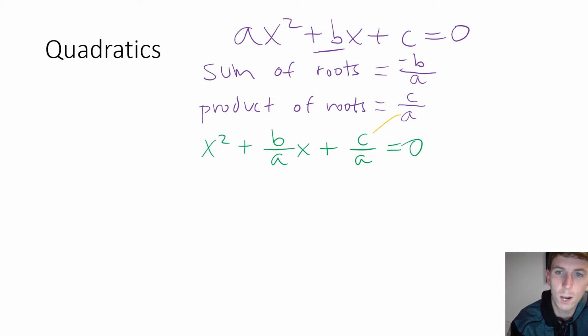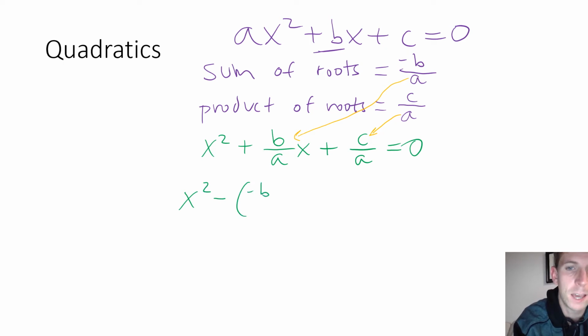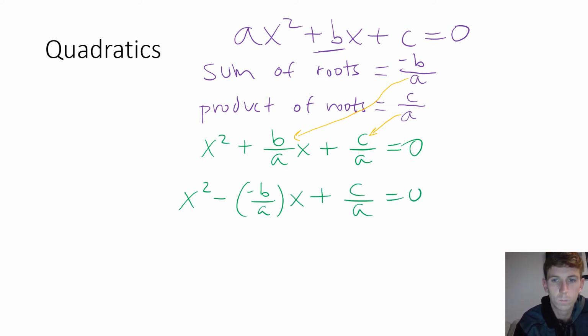We got the c over a here, and we got something approaching that b over a there. I'm just going to do one last little trick here, because I have plus b over a here and minus b over a here. So I'm going to rewrite this as x squared minus negative b over a. Subtracting a negative, same thing as addition. And there we have it.